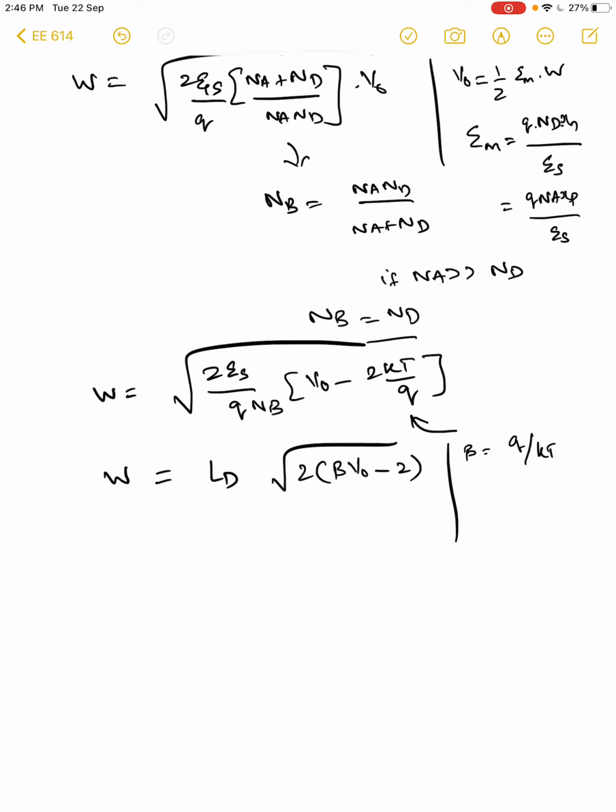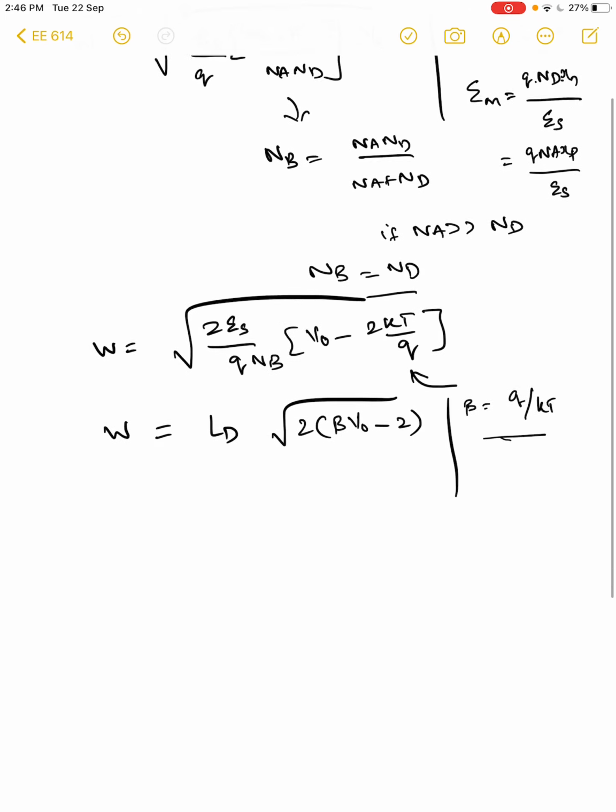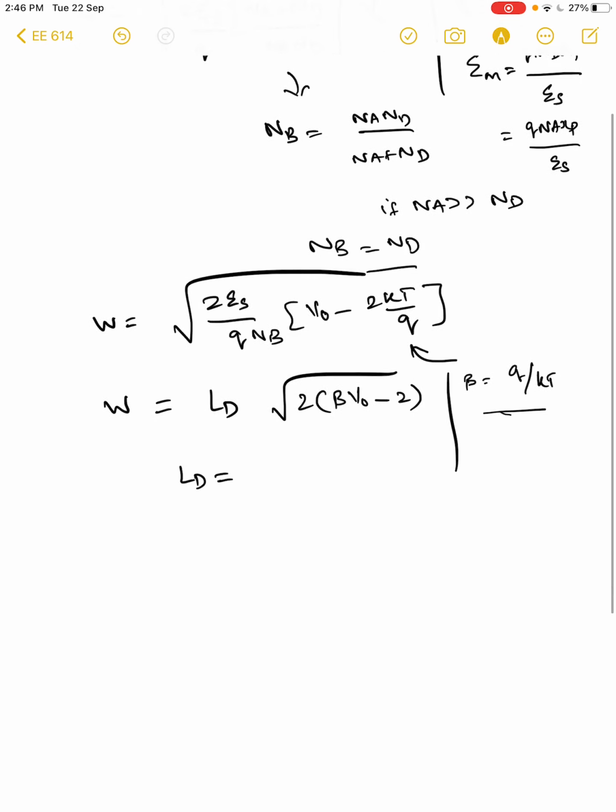So basically beta is Q by kT, the thermal energy, so to speak. And LD, the Debye length, is given by root of epsilon S, the dielectric constant of silicon, by Q Nb into beta. So why is this Debye length very important?